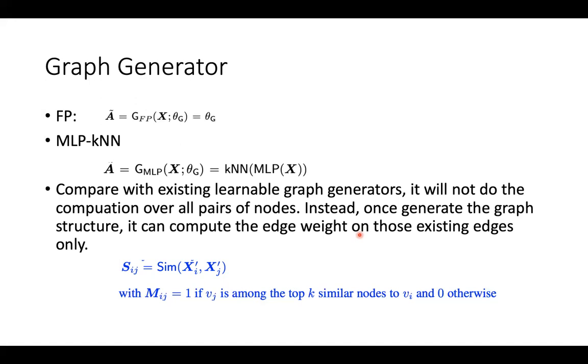Okay, and then I think, to my understanding, later on when they do the adjacency matrix computation or whatever, they don't want to consider all pairwise relationships, so they choose to first consider only the KNN neighbors.